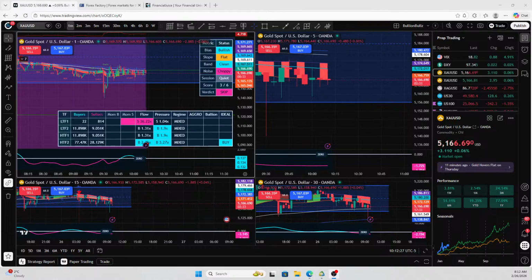Yeah, the price action is literally just ranging today. Not a lot of move in the market.